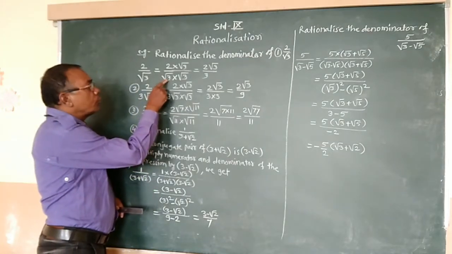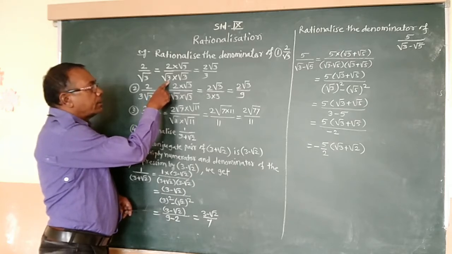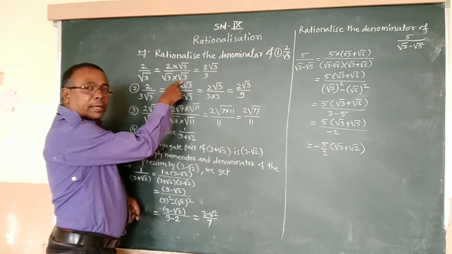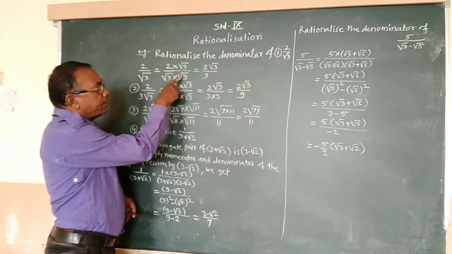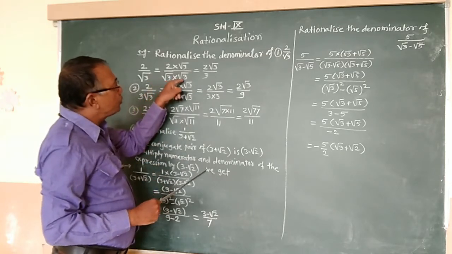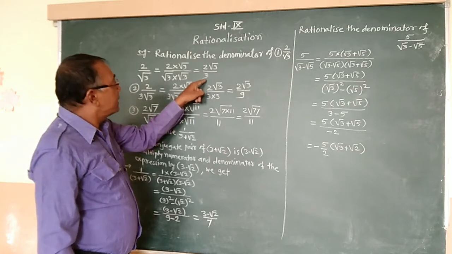Now here root 3 is an irrational number, and therefore we must multiply root 3 by another root 3. Root 3 into root 3, its product will be 3.